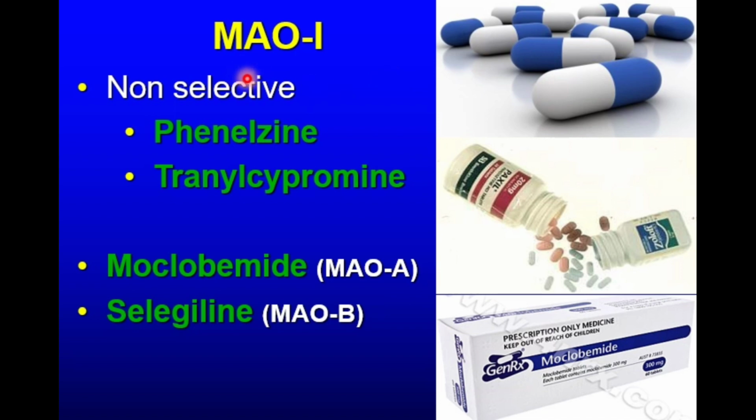Monoamine oxidase is found in the intestine, in the liver, and in mitochondria of noradrenergic neurons.